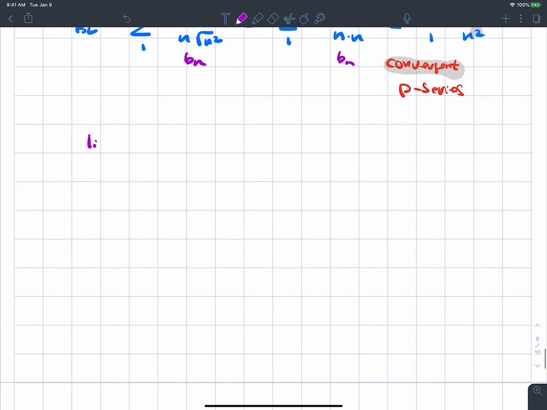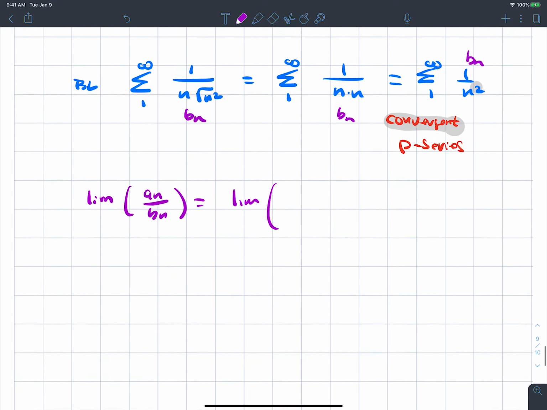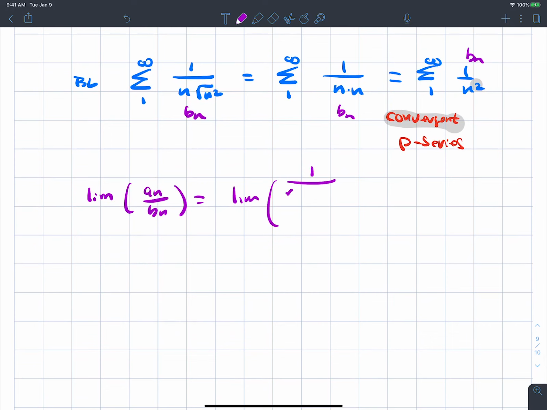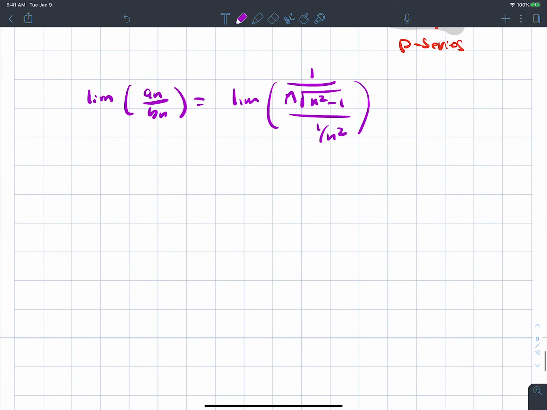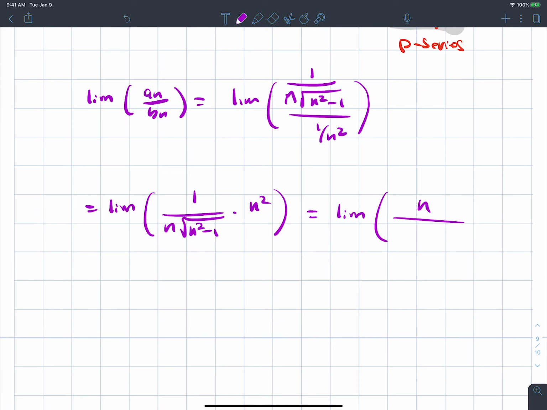So the limit AN over BN becomes that limit of, and AN is 1 over N square root N squared minus 1, over N squared, which is limit of 1 over N square root N squared minus 1 times N squared, which is the limit here of N over square root of N squared minus 1.